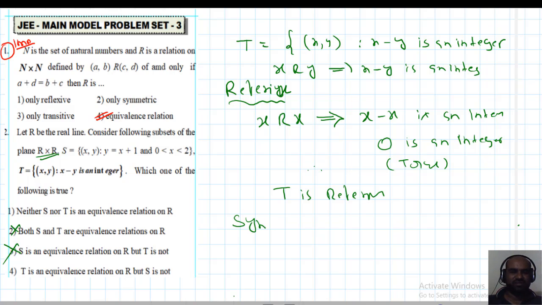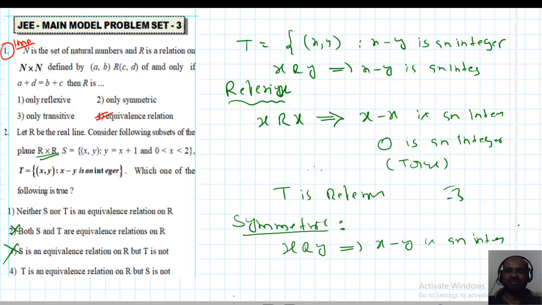Next, checking for symmetric. x related to y implies x minus y is an integer. What should we prove? x related to y gives y related to x.